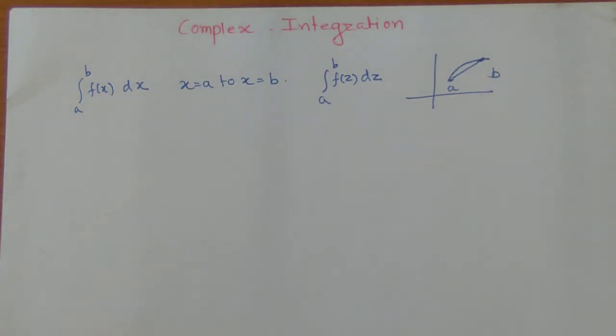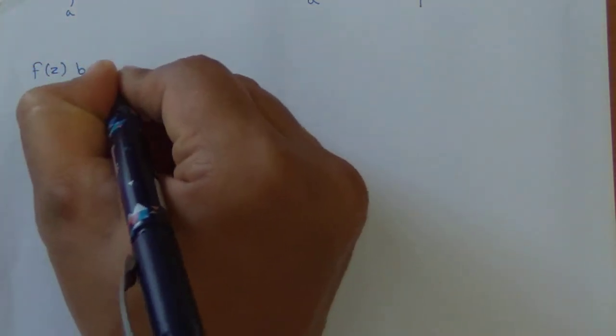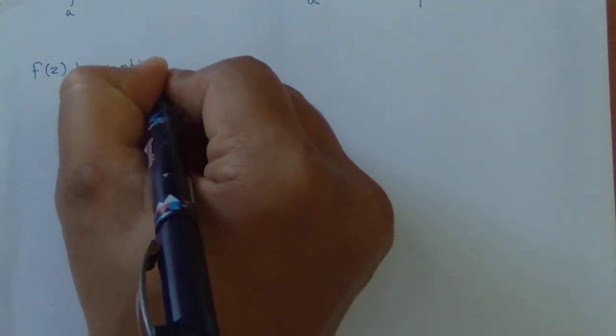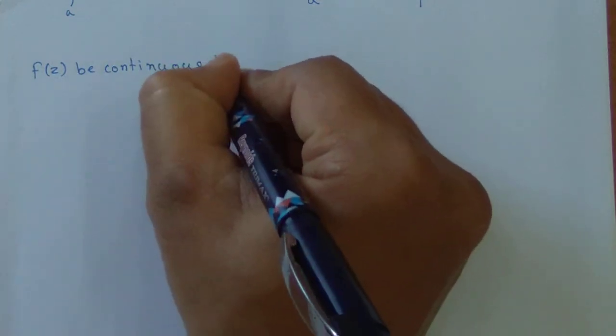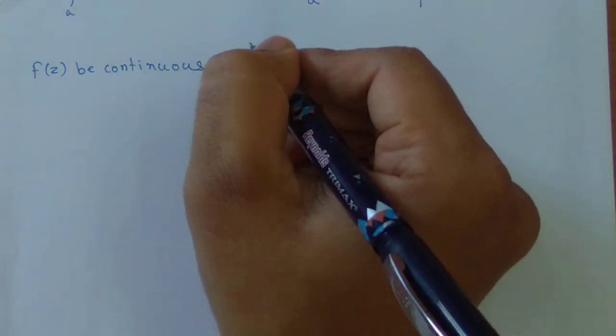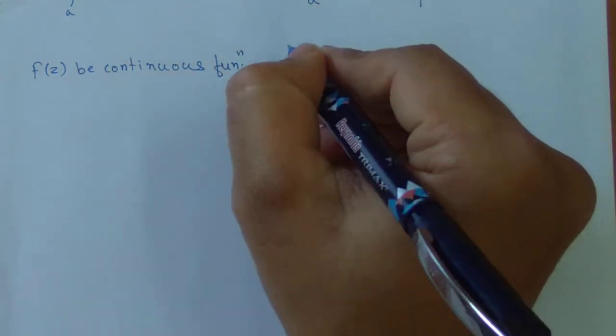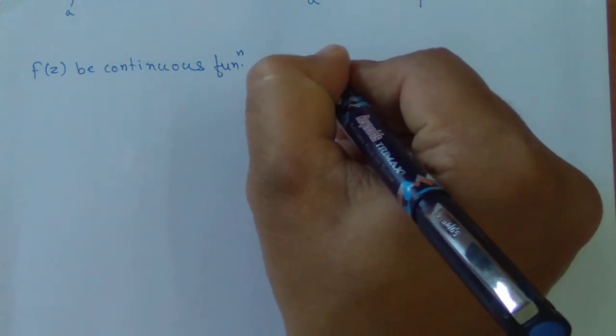Now we are going to discuss what is meant by a line integration. Let f of z be a continuous function of the complex variable z equal to x plus iy.